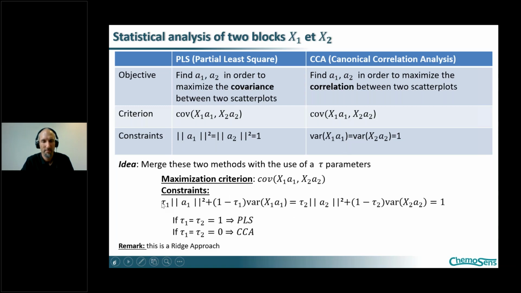This is why this structure here is very interesting, because you can see that it looks like a ridge approach. Here this is not full rank, and this is full rank, and so you can deal with this tau, and we have an optimal tau that is a parameter that you can enter in RGCCA.